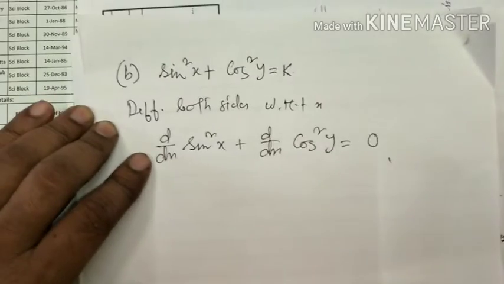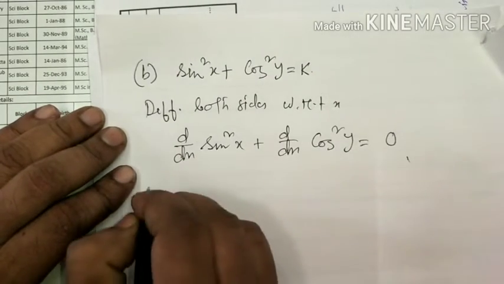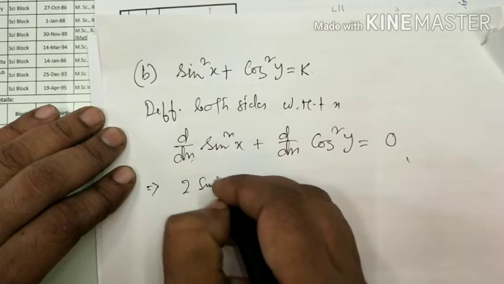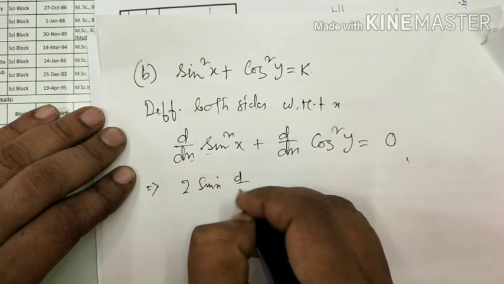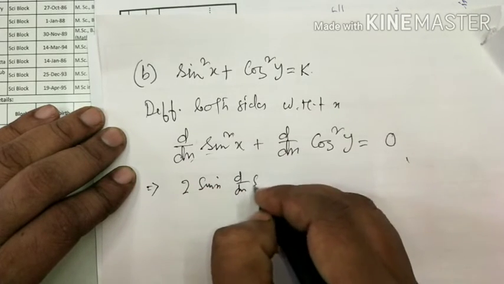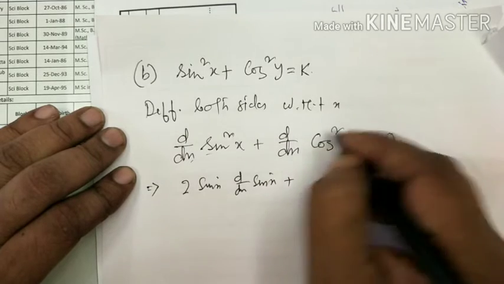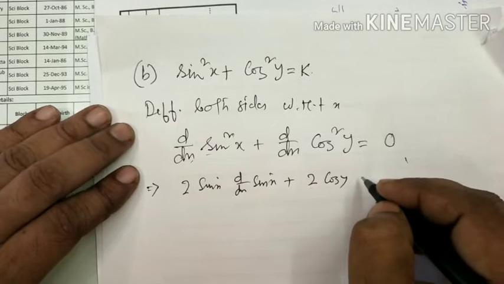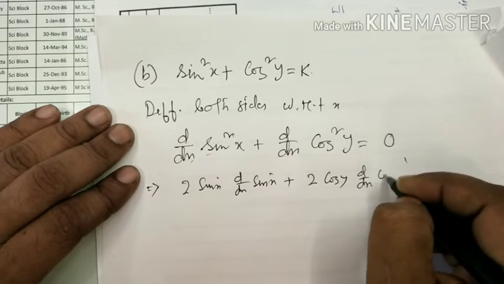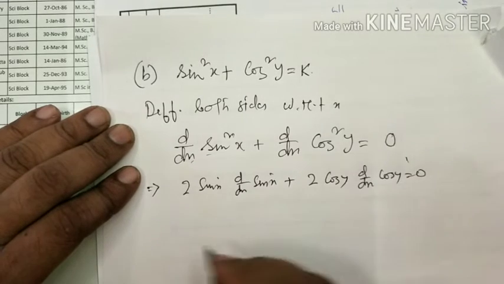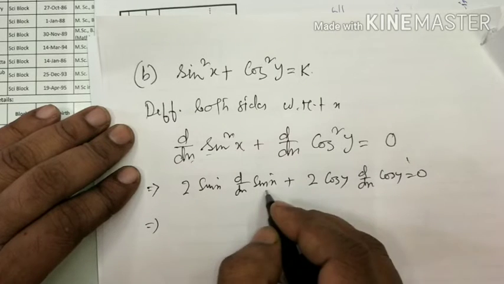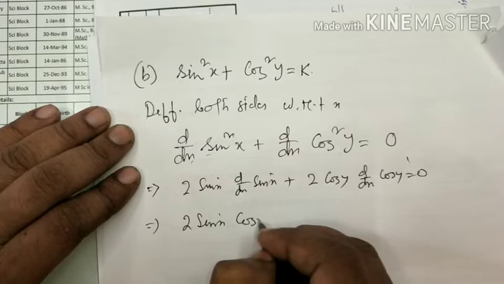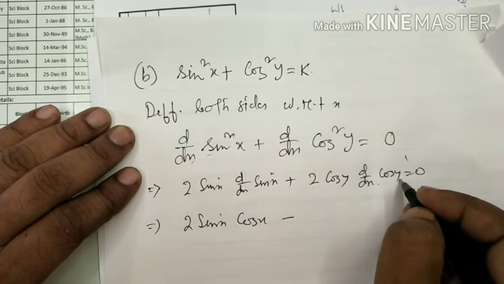Clear? So come to the problem. So here you write 2 will come outside, 2 sin x. Again derivative of sin x as I have explained. Here 2 will come out, 2 into cos y, twice x type, into d/dx of cos y. Okay, d/dx of sin x means what? cos x, and d/dx of cos y means what? Minus sin.